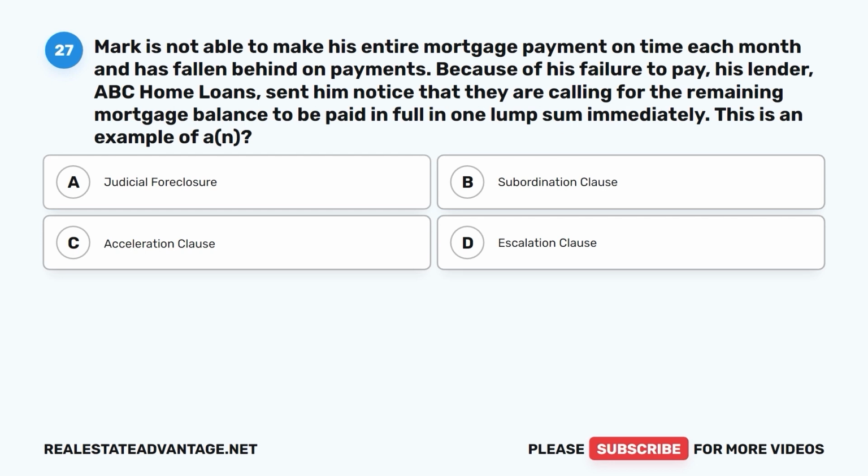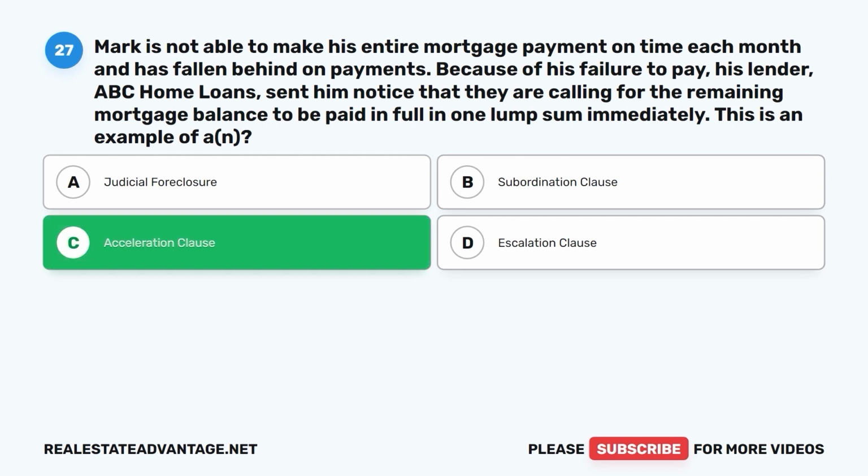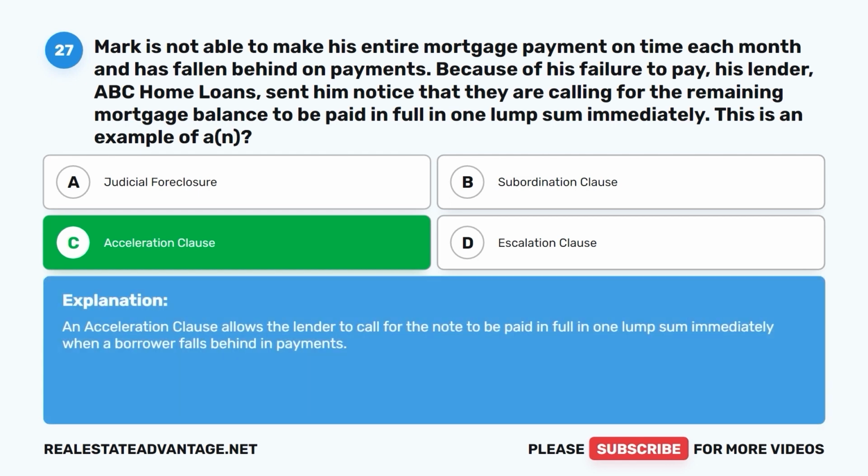This is an example of an A. Judicial foreclosure, B. Subordination clause, C. Acceleration clause, D. Escalation clause. The correct answer is C. Acceleration clause. An acceleration clause allows the lender to call for the note to be paid in full in one lump sum immediately when a borrower falls behind in payments.